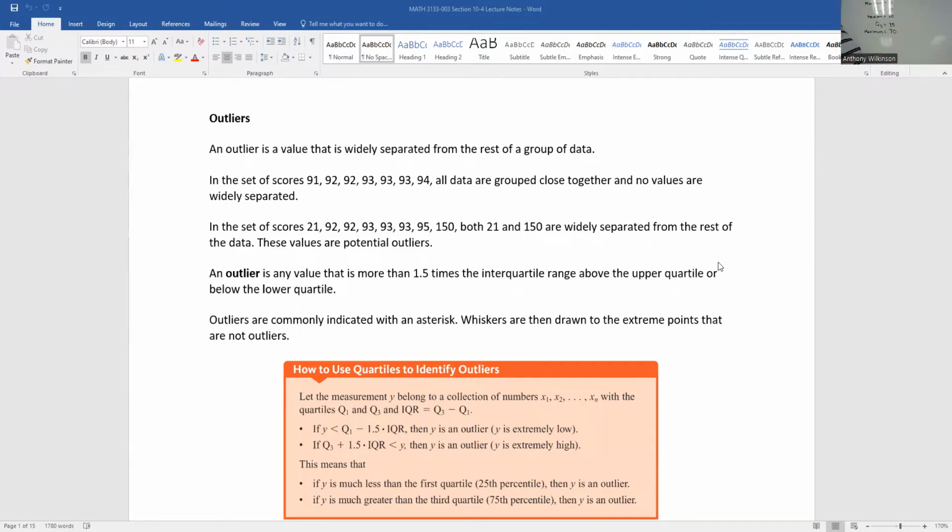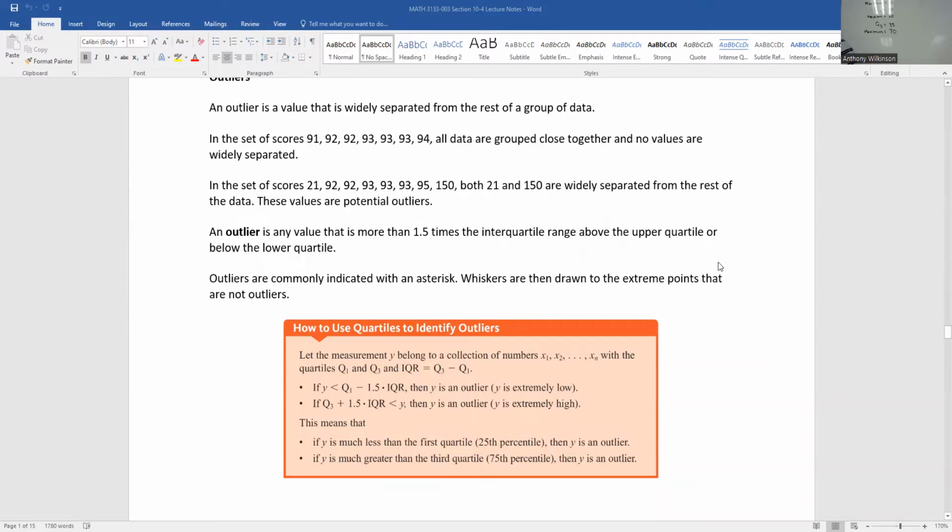Now, to determine an outlier, it's going to be any value, in this case, that is 1.5 times the interquartile range above the upper quartile or below the lower quartile.